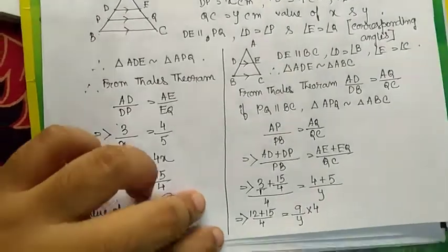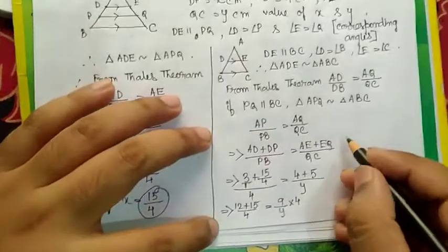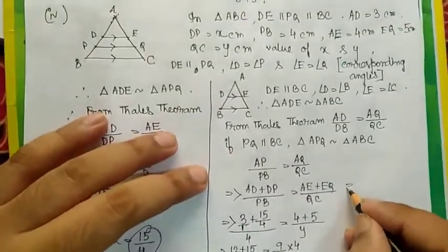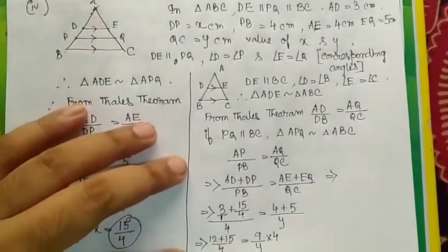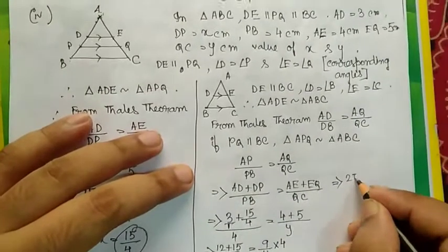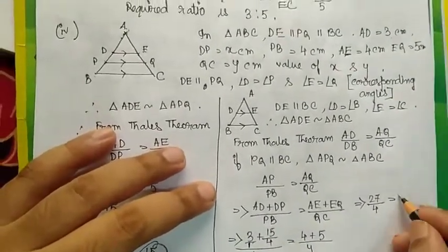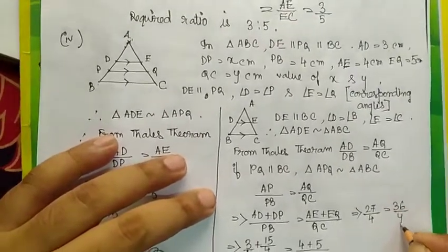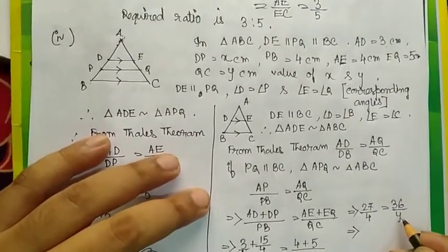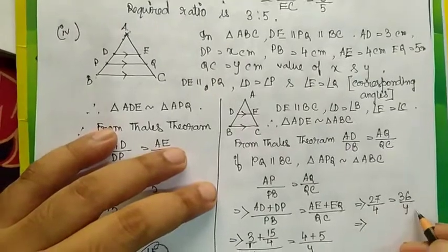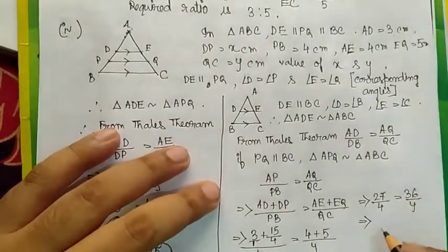So therefore we can say that 12 plus 15 means 27 by 4 equal to 9 into 4 means 36 by y. So cross multiplying those values, y came here, 27 came here, interchange those places.